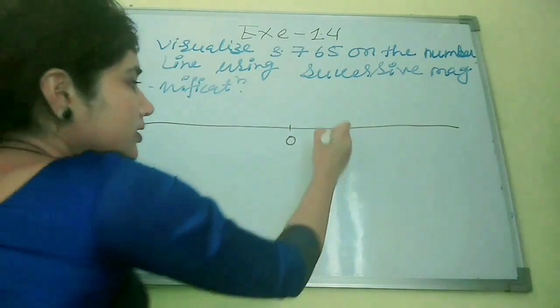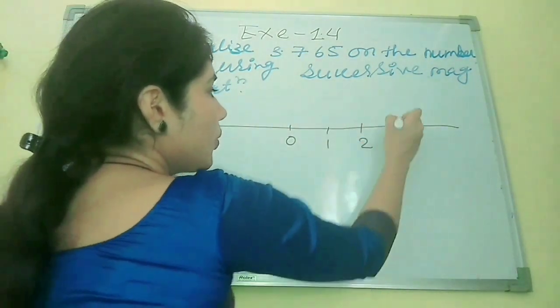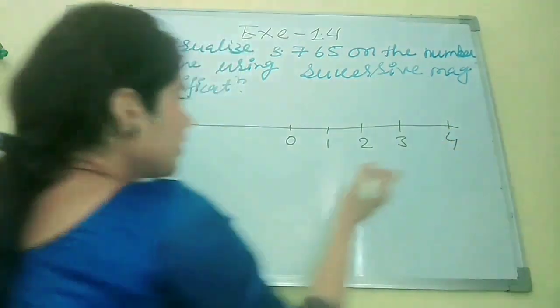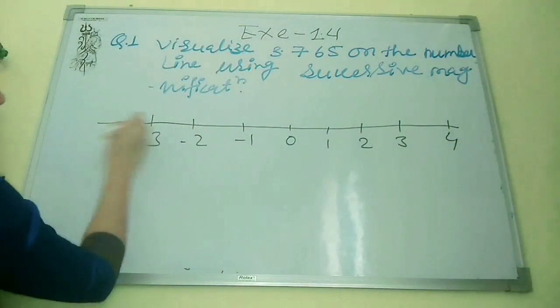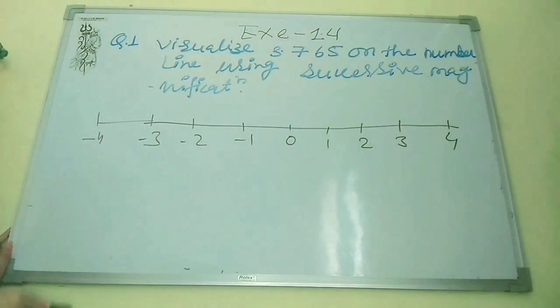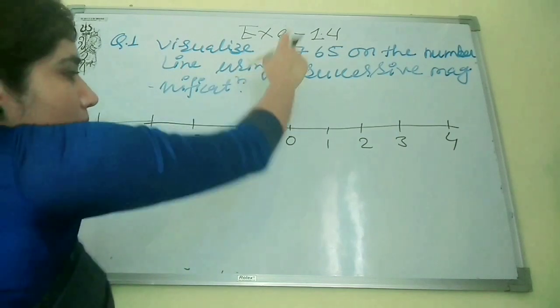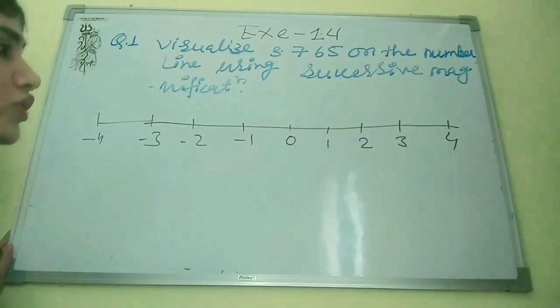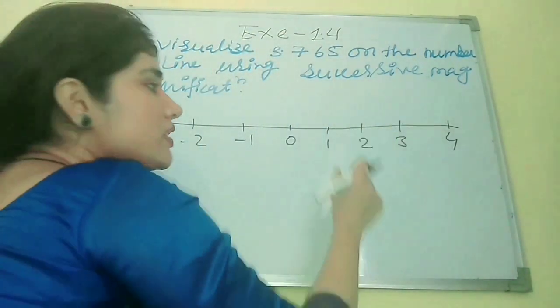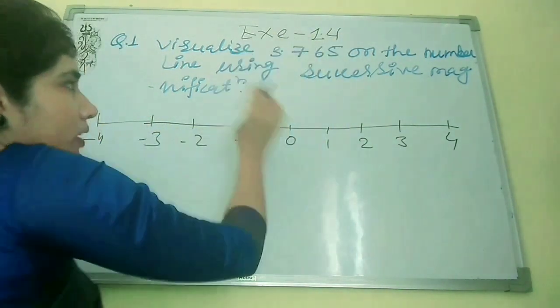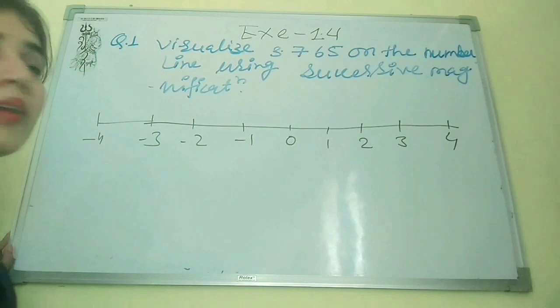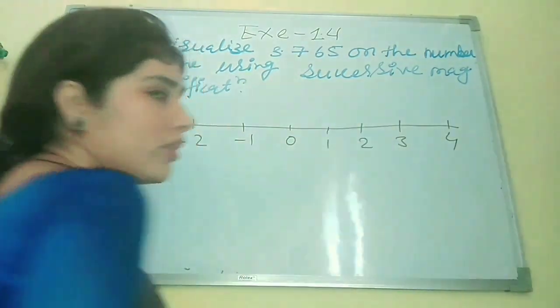This is the origin. 1, 2, 3, 4, minus 1, minus 2, minus 3 and minus 4. This number is positive, so it will always lie on the positive side. Just forget the other digits, just see 3.7. It lies between 3 and 4.